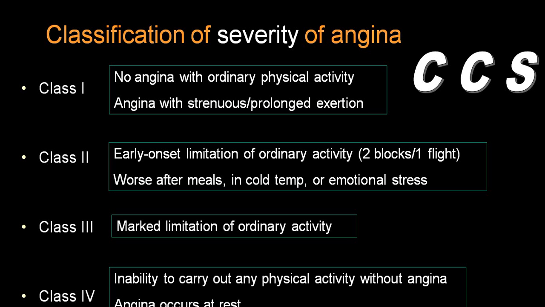If there is marked limitation of ordinary activity, then it is called class 3. And if it comes at rest, then it is called class 4. Usually the angina which comes without any physical activity and at rest falls into a group we call unstable angina. So this is the grading as far as severity of angina is concerned.